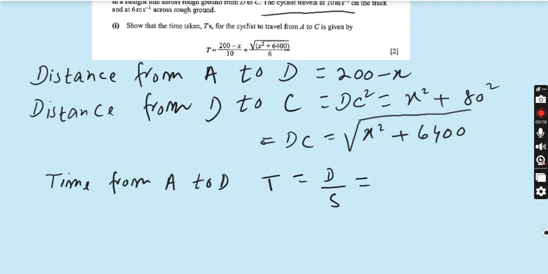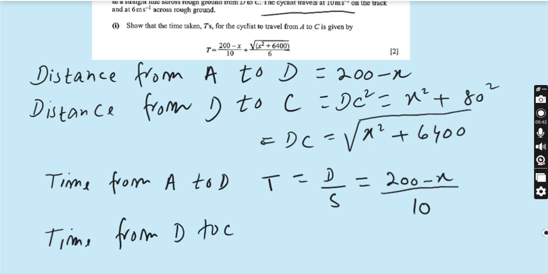So the distance we have found is 200 minus x upon the speed which is given, 10. Now we have to find the time from D to C. T is equal to distance upon speed. So we have already found the distance, which is square root of x square plus 6400, and the speed given is 6.